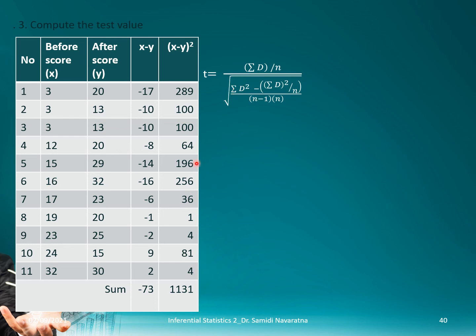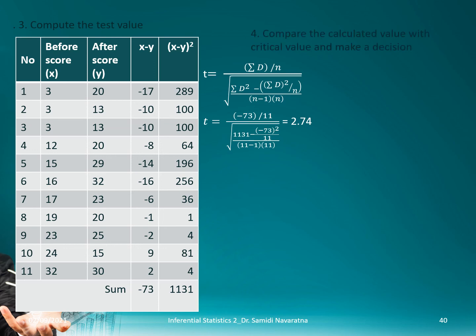So that is 1131. And then the sum of the differences squared. This is the sum of the differences, minus 73. You square it, then you get 5329. So we'll apply those to the equation, and then we get the test statistic as 2.74.